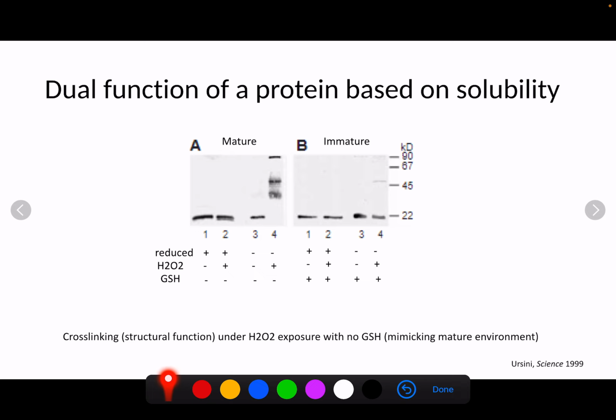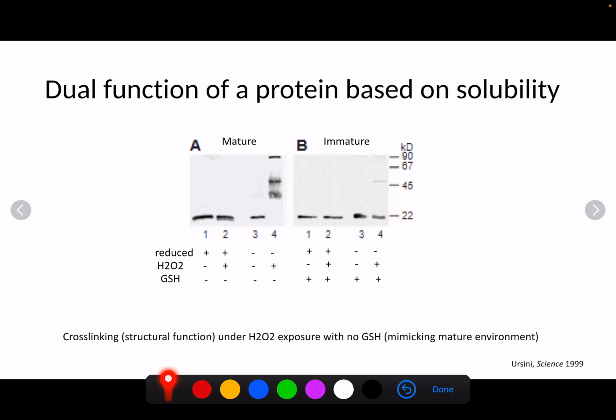Whereas in the immature version, they were incubating the protein with GSH around, and with the presence of GSH the protein is soluble and is not aggregating at all.